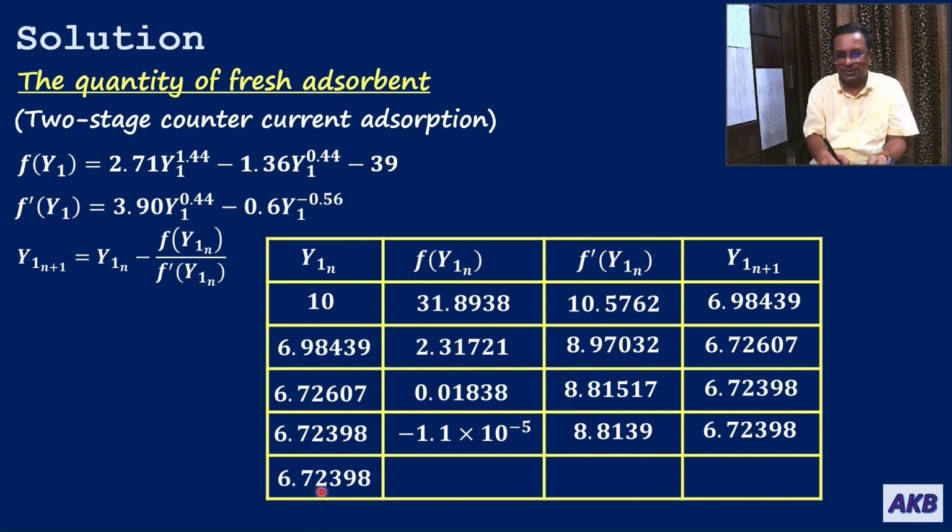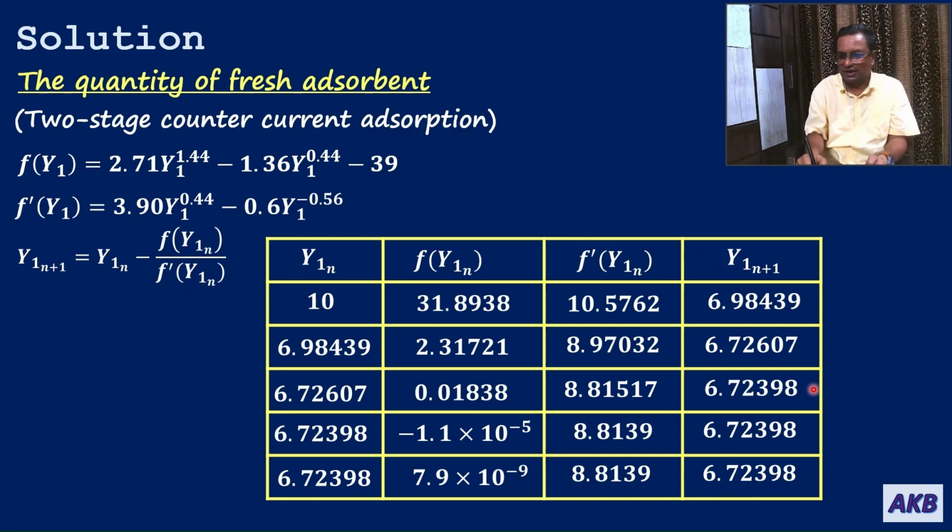Then in the next step, I'll use this as the guess value with the additional digits. I have not considered the additional digits over here, but with this value, the function is almost 0. That is, we have arrived at the solution. The derivative of the function is again the same thing. And the new value for y1 again remains the same, 6.72398.